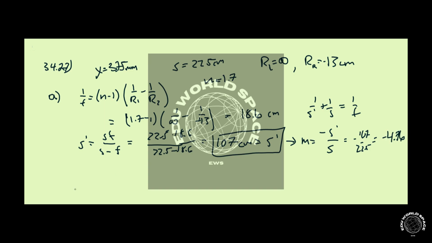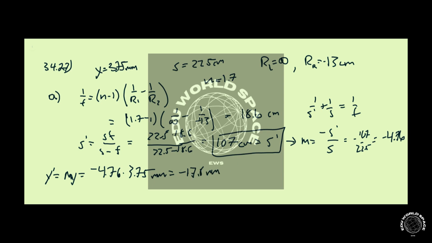We know the image is inverted because it's a negative magnification, but let's go ahead and figure out what the height is going to be from this equation. This comes out to being negative 4.76 times the height, which is 3.75 millimeters. That comes out to being negative 17.8 millimeters.